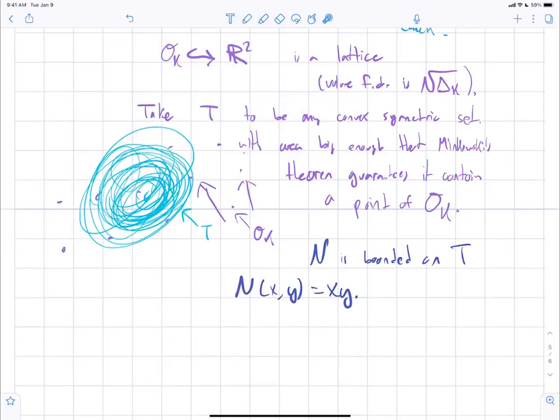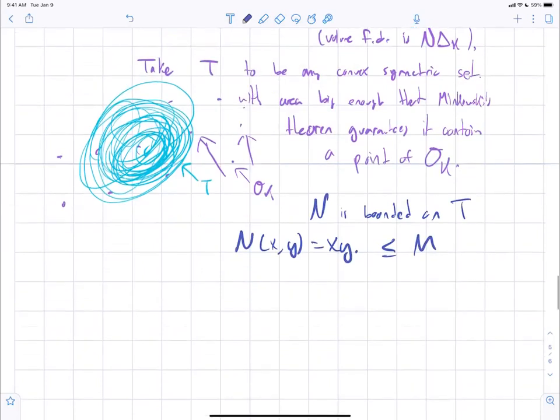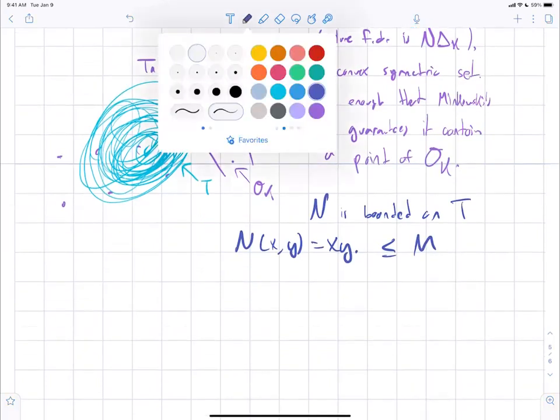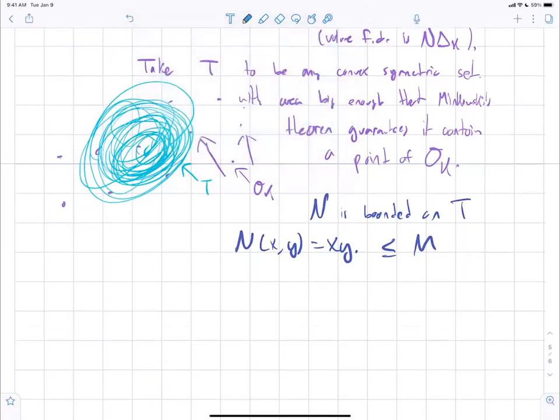So this is bounded on T. But we can do even better, because the trick is that this doesn't just work for T, it works for any suitable scaling of T.